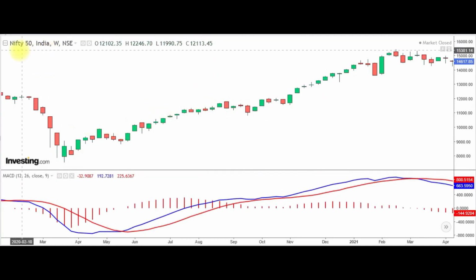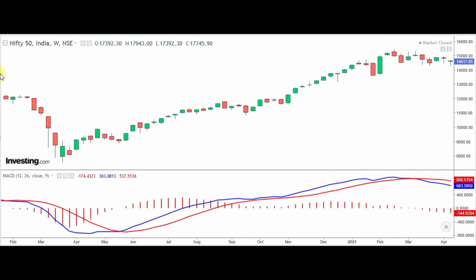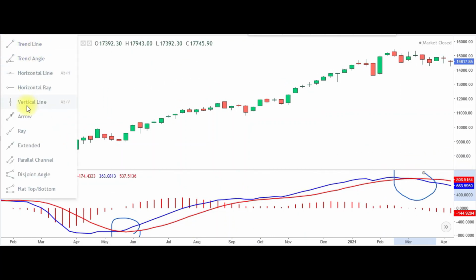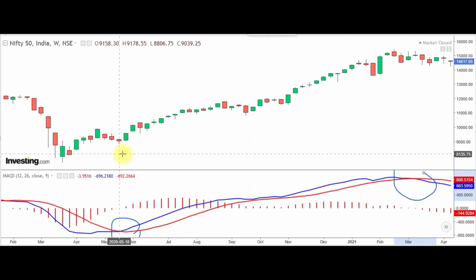Now this is a Nifty weekly chart, and as you can see, here the MACD has given a buy signal, and here the MACD has given a negative signal or an exit signal, right? I had written that MACD can be used as a trend indicator.